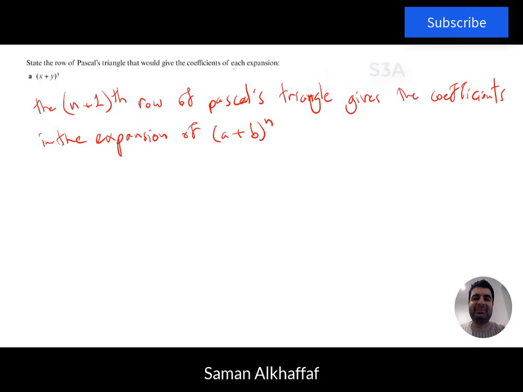In this scenario, since it's 3, that will be 3 plus 1, which gives us the 4th row, and this will be our answer for this question.